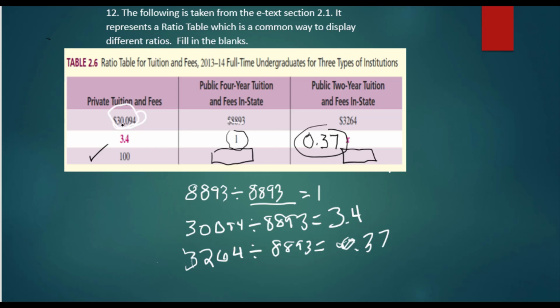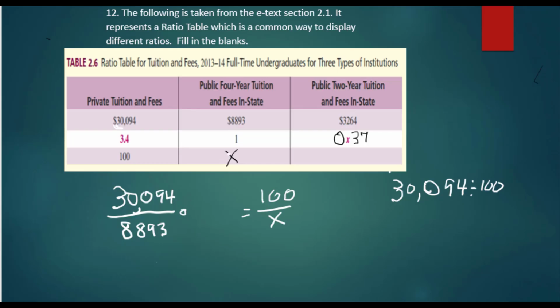Basically, what you're saying here is, if it costs $30,094 to attend a private 4-year compared to $8893 for a public 4-year, if it cost $100 for a private 4-year, how much would it cost for a public 4-year?